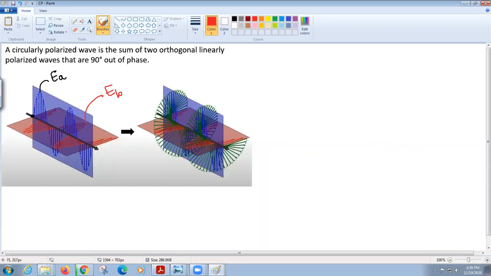Now you see this EA is the minimum here, this is 0. What about EB? At this juncture, EB is maximum. Are you seeing this?